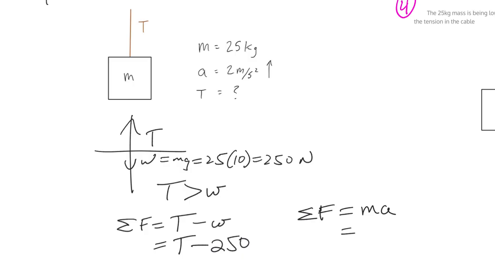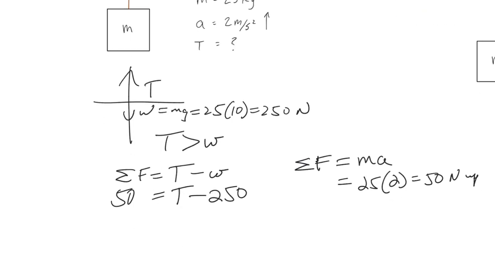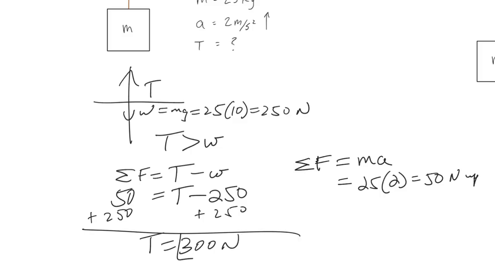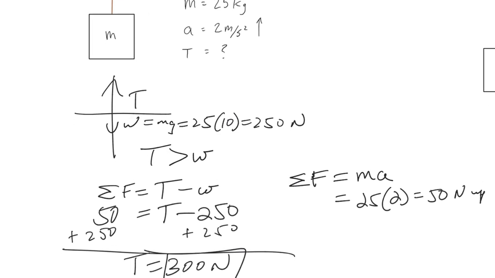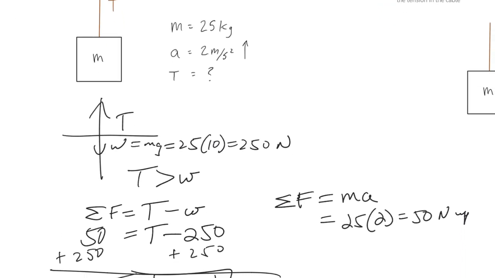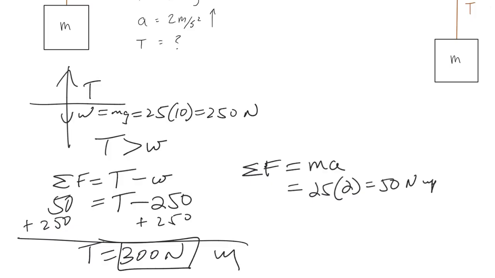That equals 25 times 2, equals 50 newtons up. So I've got 50 newtons up equals T minus 250. Get rid of the 250, so we get T equals 300 newtons. The tension in the cable is 300 newtons up.